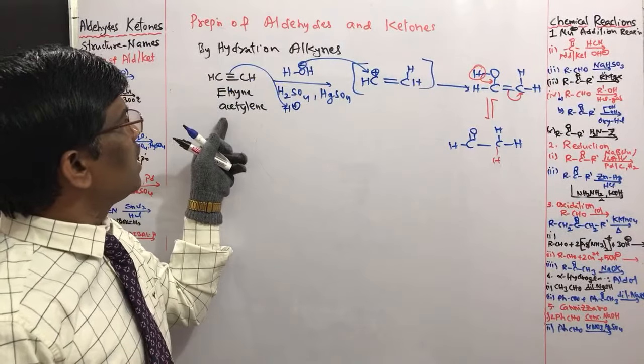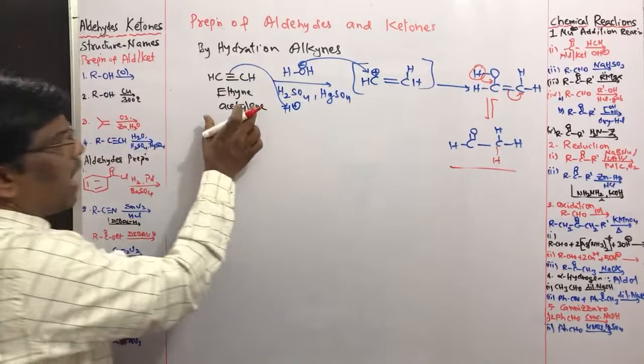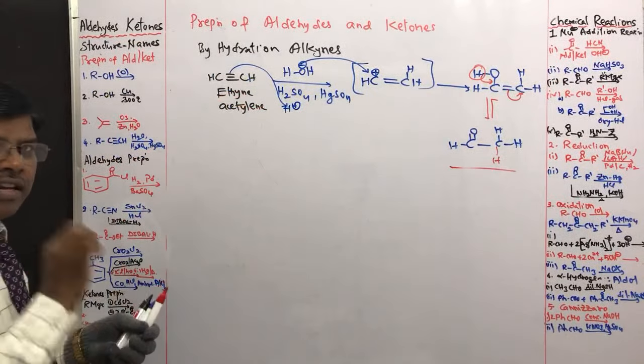This is the only compound where we are going to get an aldehyde. Higher than this, we are going to get ketones.